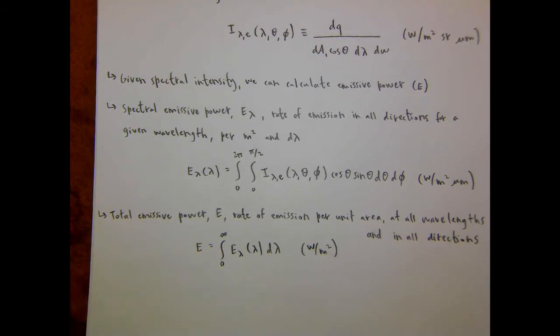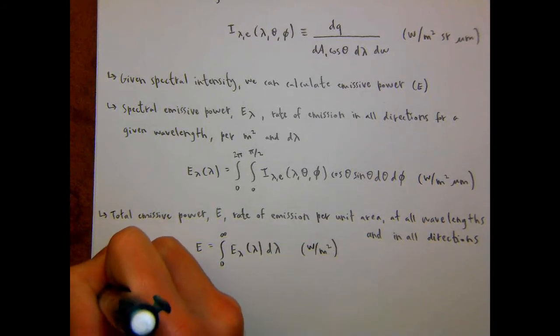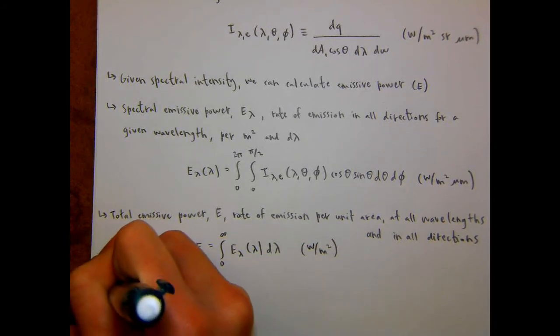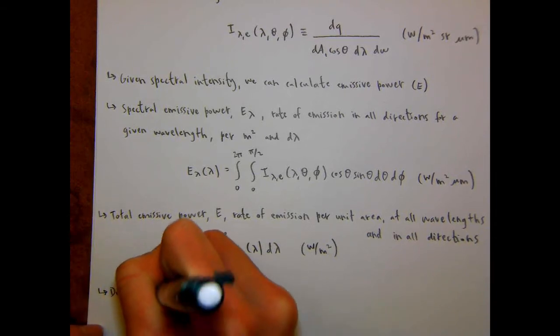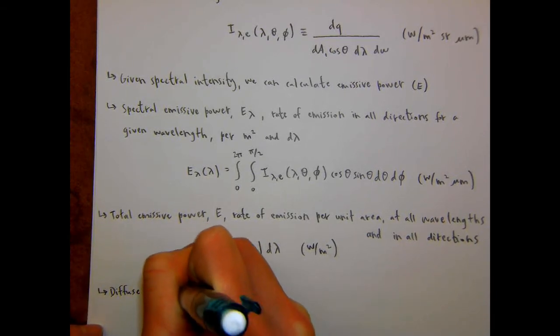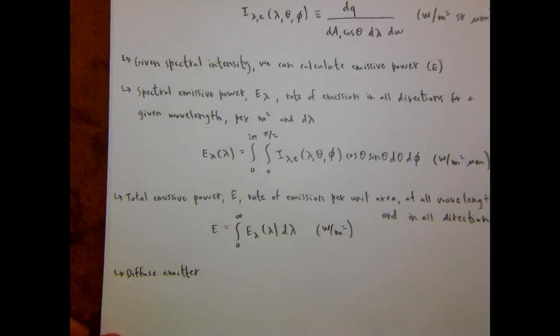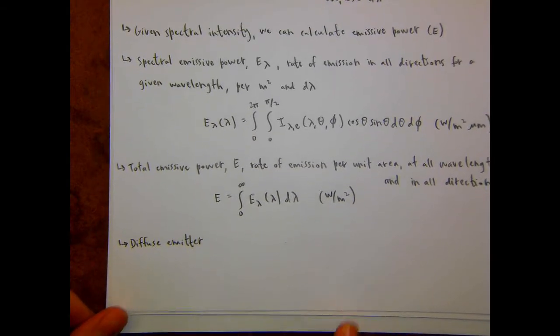Okay, a special surface which can be used to approximate a lot of real surfaces is the diffuse emitter. And this simplifies the problem a little bit because diffuse emission is independent of direction and only depends on wavelength.